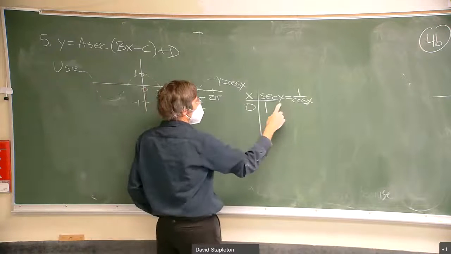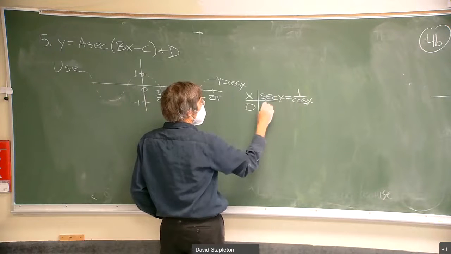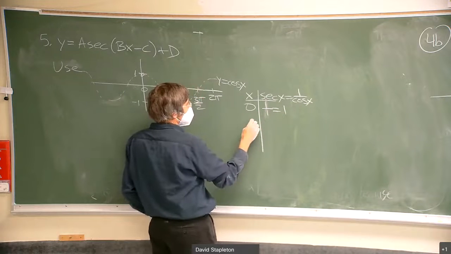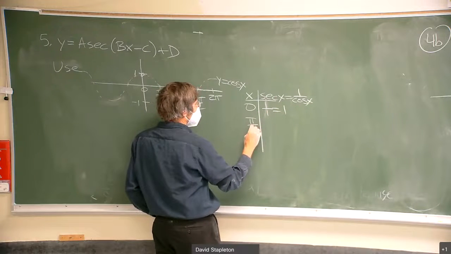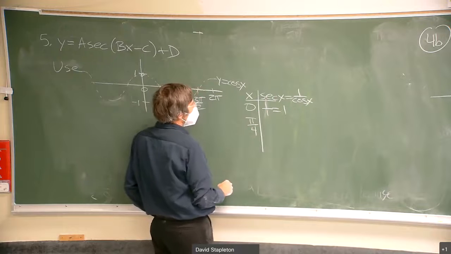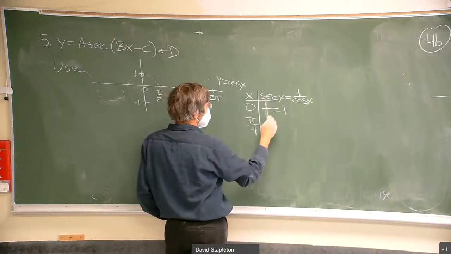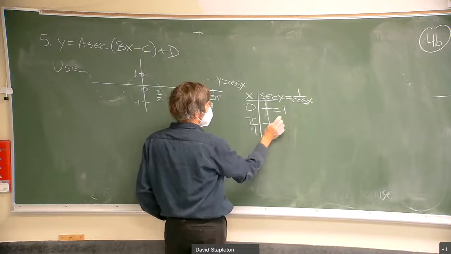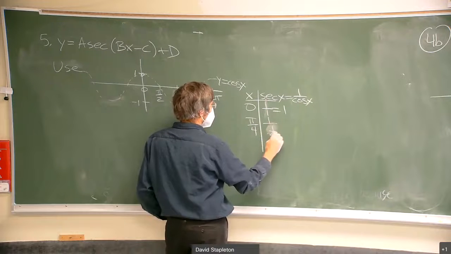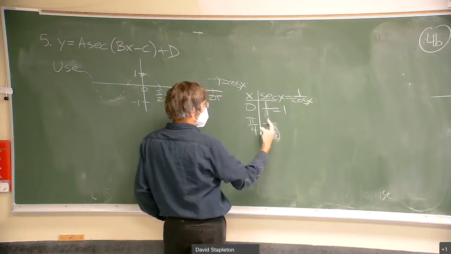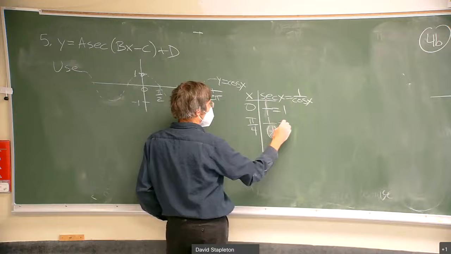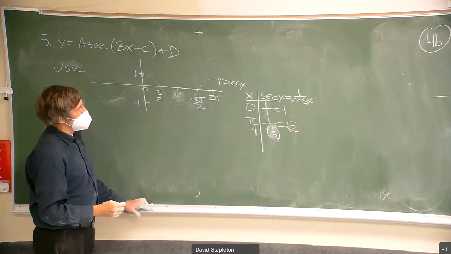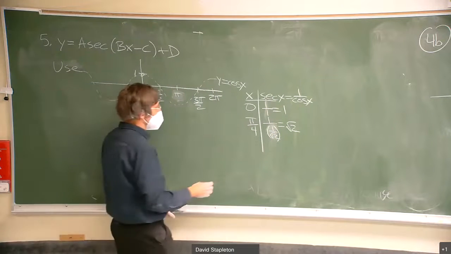So the secant is 1 over cosine, which is 1 over 1, also 1. If x is pi over 4, let's just do a few of these. Cosine was square root 2 over 2, or let's say 1 over square root 2. And then the reciprocal of it is square root 2. So the secant is square root 2.